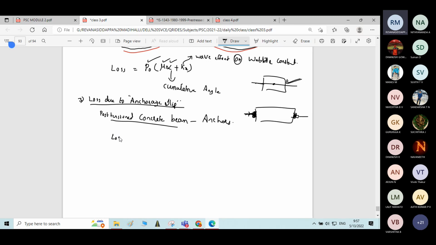The loss due to anchorage slip is calculated as delta by L into Es, where delta is the amount of slip that has taken place at the anchorages, L is the beam span or length of the beam, and Es is the Young's modulus of the tendon. Using this formula, we will calculate loss due to anchorage slip.